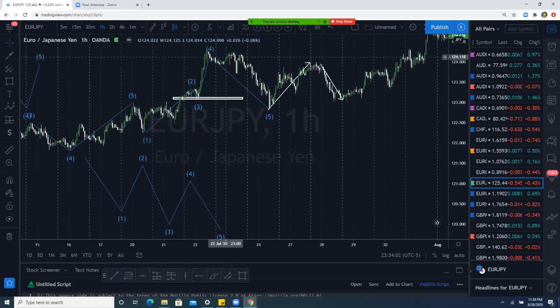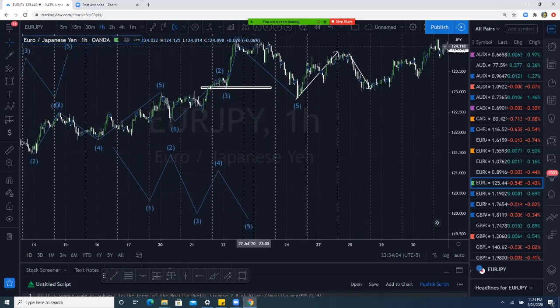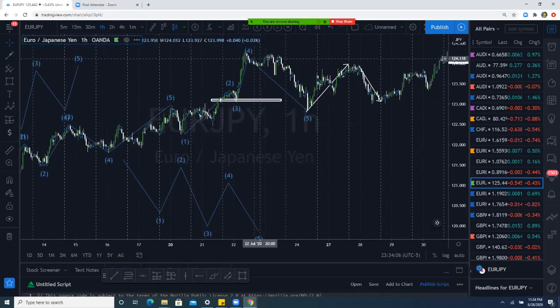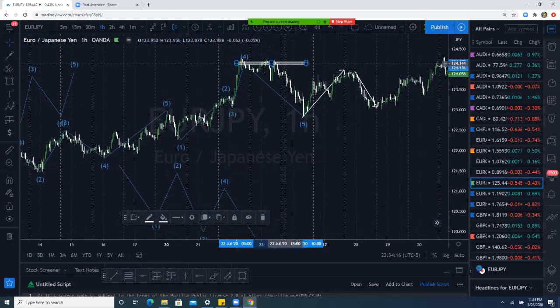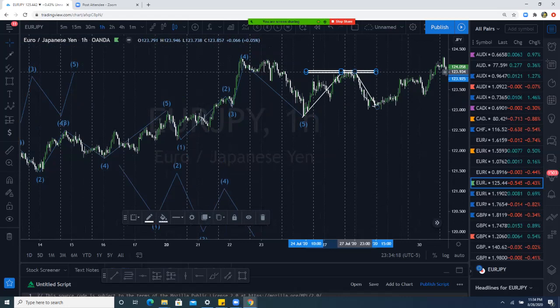So what has to happen for it to go back to being a bullish environment or a buying environment? The last lower high has to be broken. The last lower high would be here, and as long as price stays below this, it's still selling momentum.